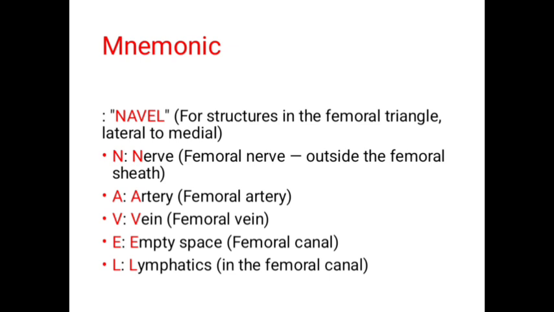But I'm using it for the femoral sheath because the only difference between the femoral triangle and the femoral sheath is the N. A femoral sheath doesn't have the femoral nerve, but it has a nerve, which is the genital branch of the genitofemoral nerve, but it doesn't have the femoral nerve. So with the NAVY, we know that the femoral artery is there, the femoral vein is there. There's an empty space which is the femoral canal, and there's a lymphatic which is seen in the femoral canal.